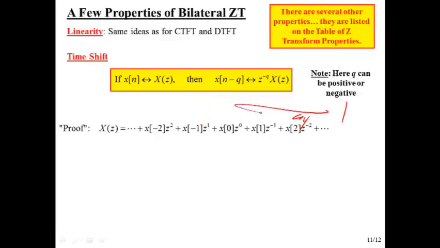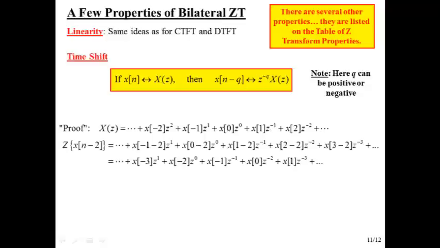Now the proof of this is pretty easy. I put it in quotes because I'm not really doing a formal proof of this. But here's X of z. Instead of writing it in a summation form, I've written out a bunch of the terms individually. So we have x of 0, z to the 0, x of 1, z to the minus 1, and so on. I think you see the pattern there. But now I'm going to do this for q equal to 2.